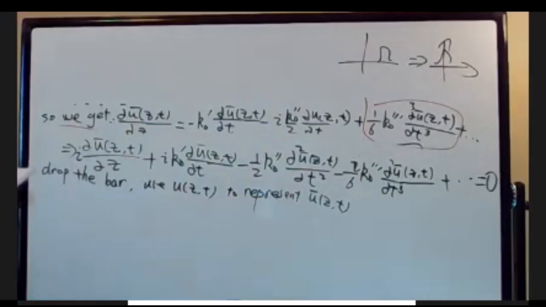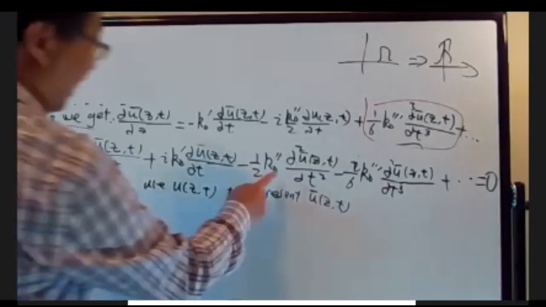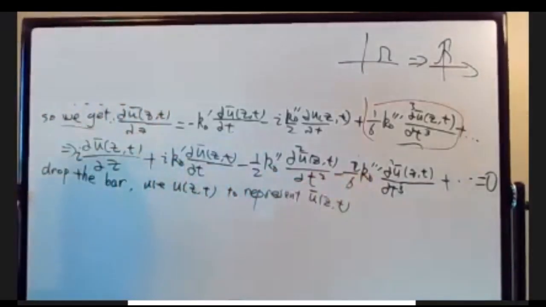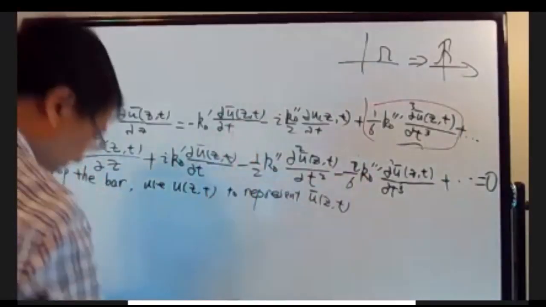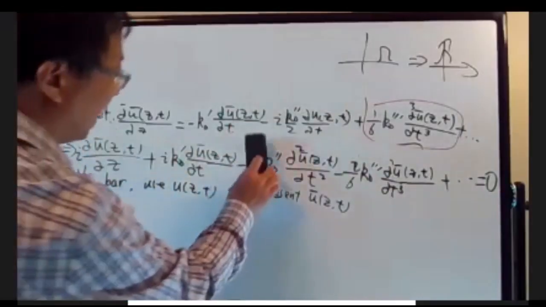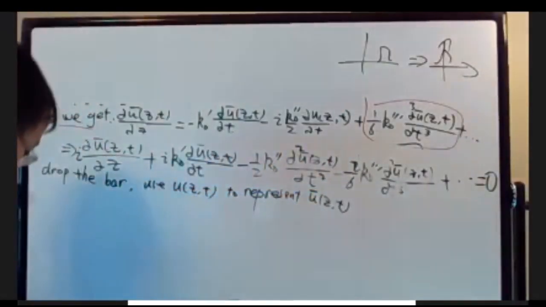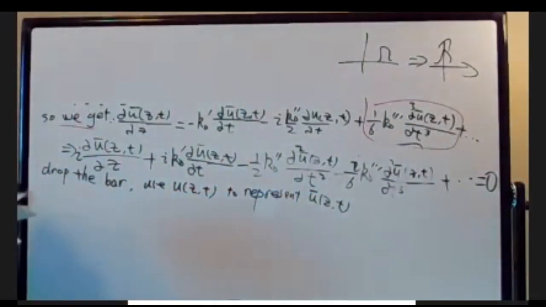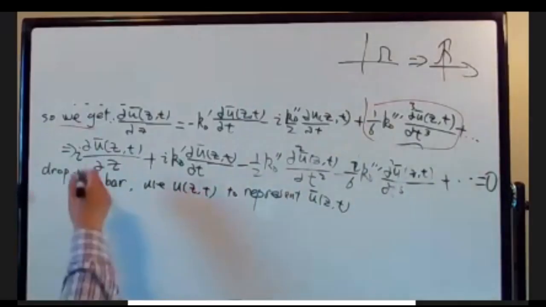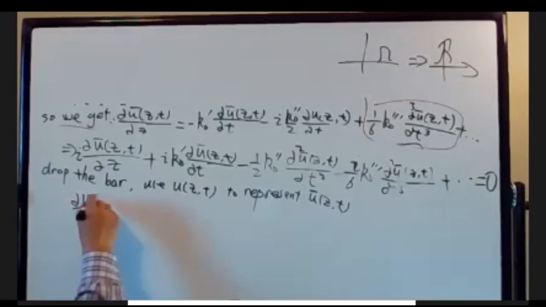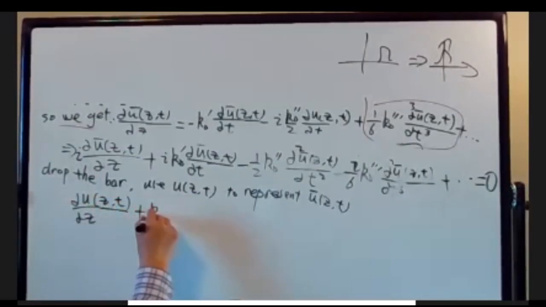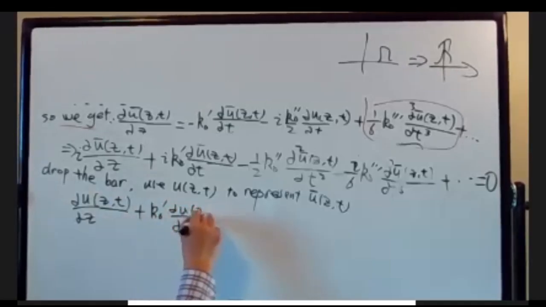Now let's look at it. If we don't have this k double prime, k triple prime, if k double prime and k triple prime are 0, what we have is this equation: partial u, partial z, zt, plus k naught prime, partial u, partial t, zt, equals 0.